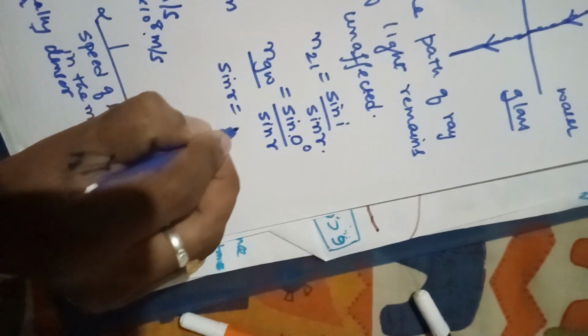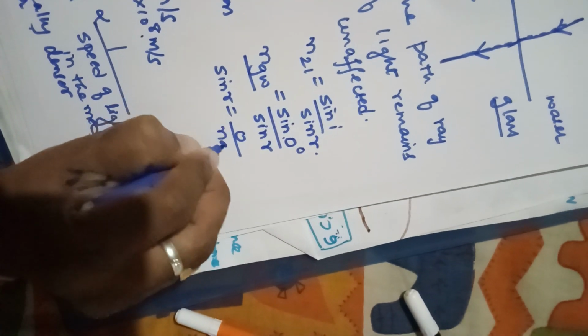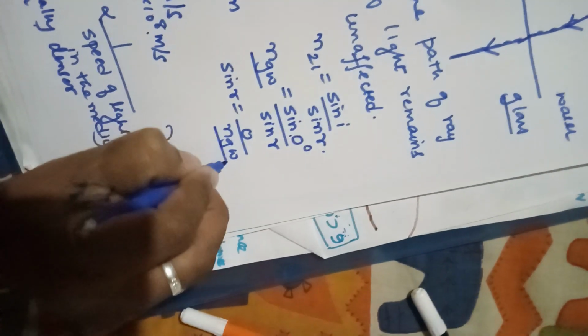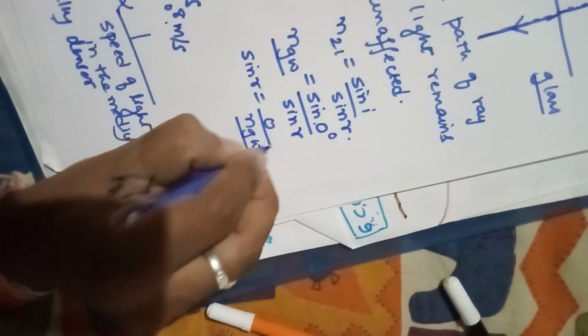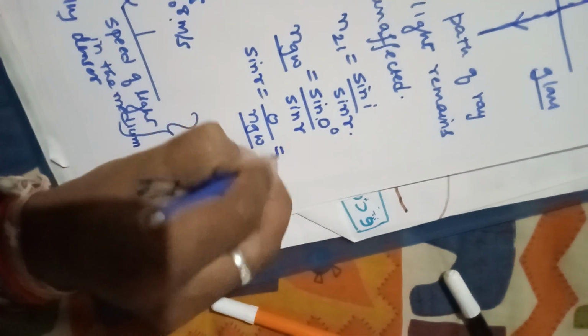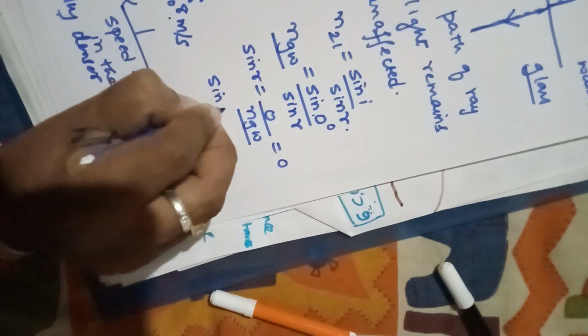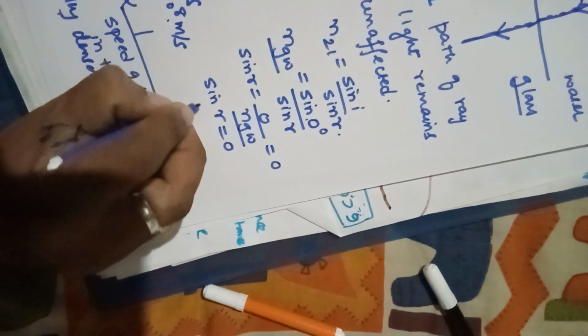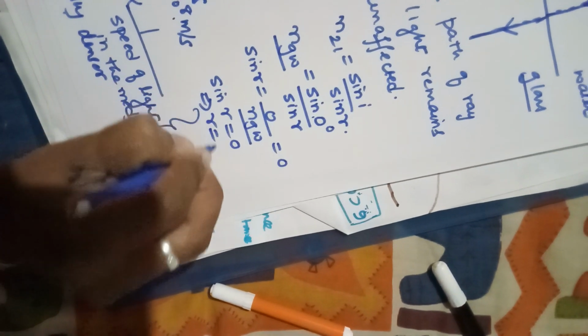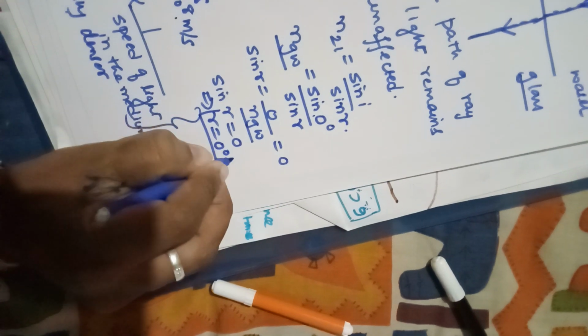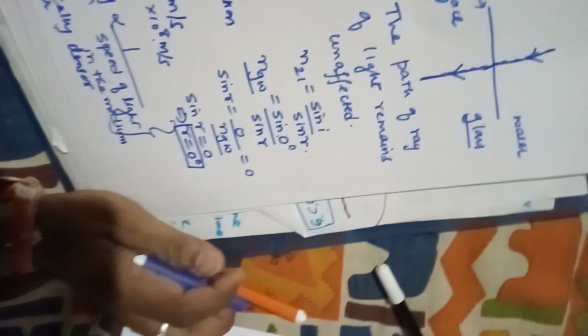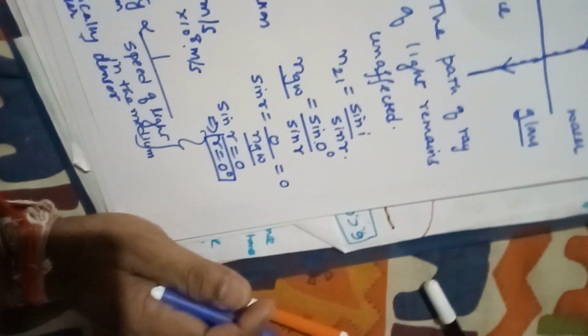Anyways, cross multiplying, sin r is equal to sin 0 degrees. Sin 0 degrees we know is 0, by nGW. So nGW cannot be 0. So 0 by a non-zero number will become 0. Sin r is 0 implies that r is equal to 0 degrees. That means if angle of incidence is 0, angle of refraction also will be 0.